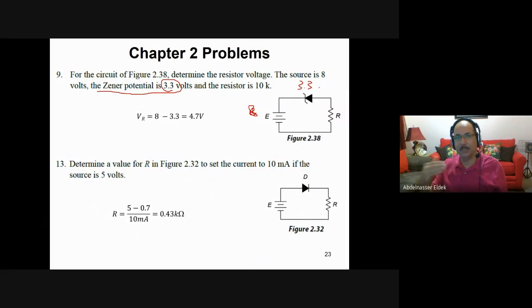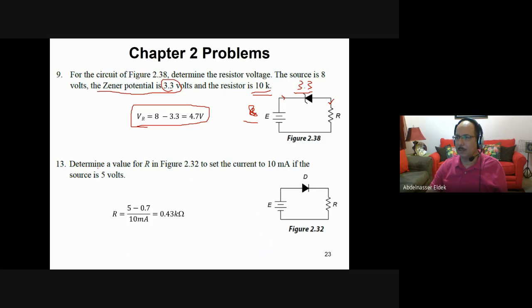If E is less than 3.3, the Zener will be an open circuit. Then the voltage across the resistor will be 8 minus 3.3. If you need to calculate the current in the resistor, then the current will be 4.7 divided by the resistance, which is 10K. Very simple.